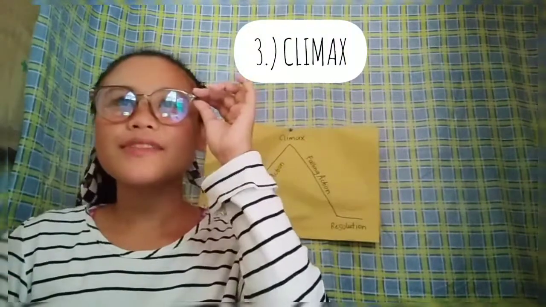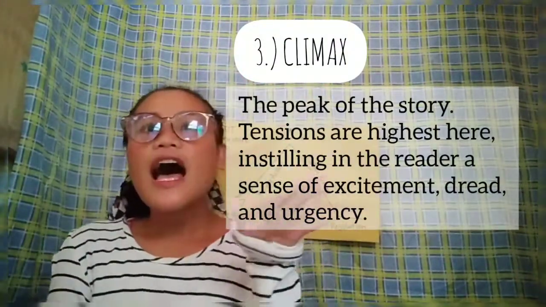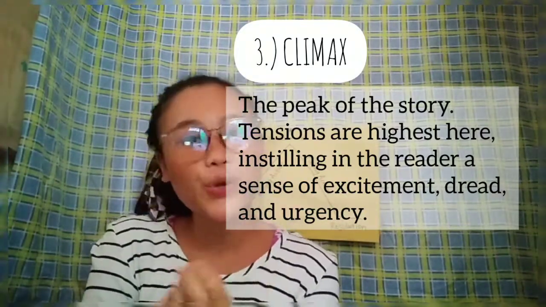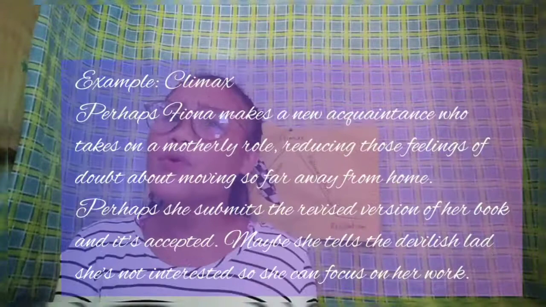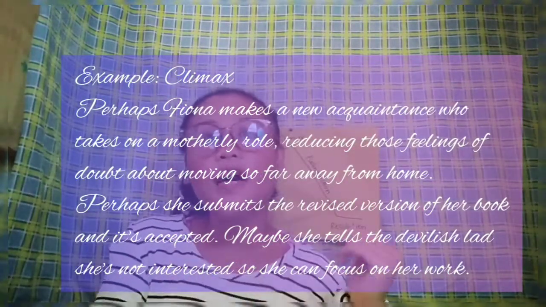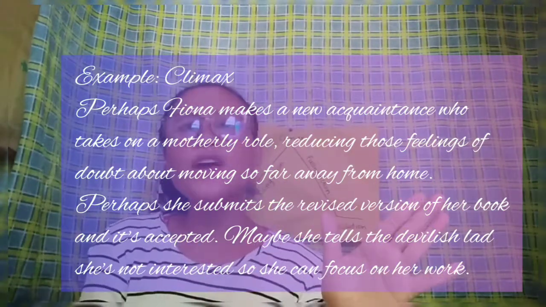Okay, the third element of the plot, the climax. This is the peak of the action. At this point, we've watched the main character confront the conflict, and now something major has to come to a head. Perhaps, using Fiona as the example, she makes a new acquaintance who takes on a motherly role, reducing those feelings of doubt about moving so far away from home.